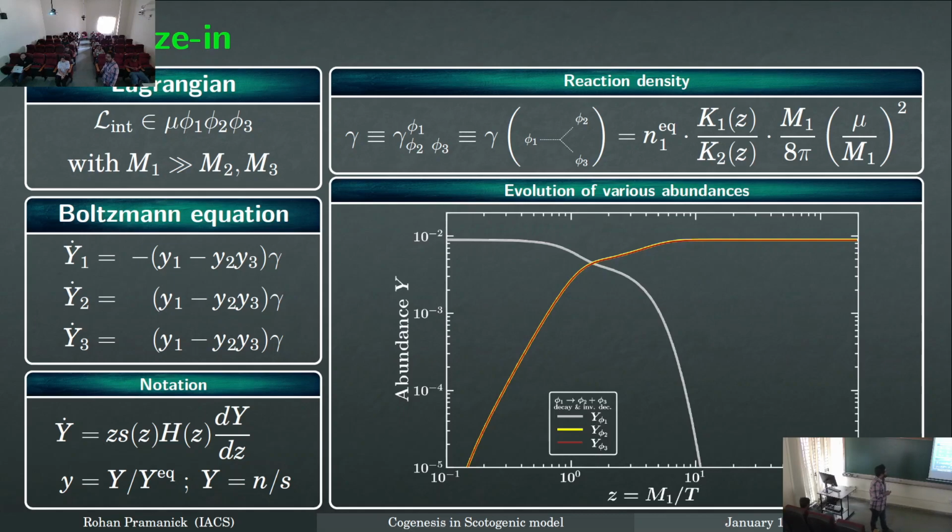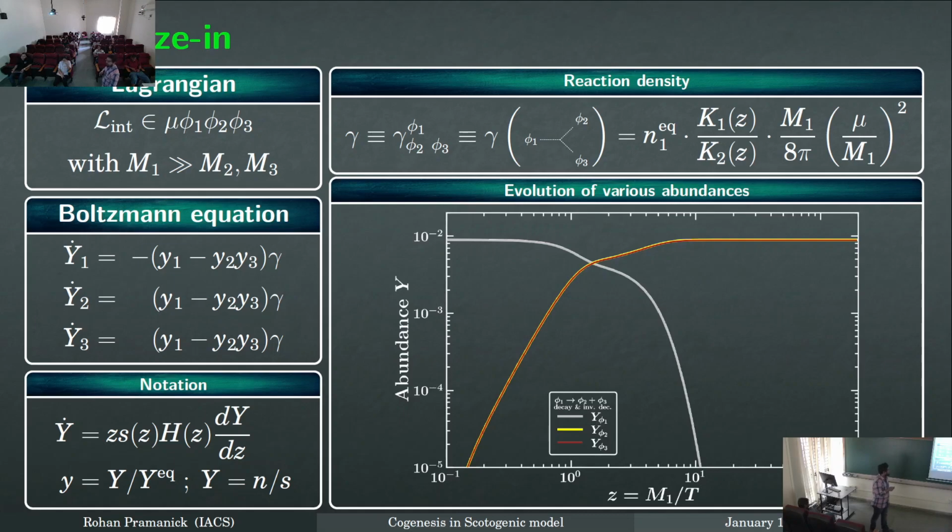Okay. So this is the Boltzmann equation where this dot represents the change of abundance. This small y is the scaled abundance, and this abundance is defined in terms of the co-moving number density, which is the number density per unit entropy.